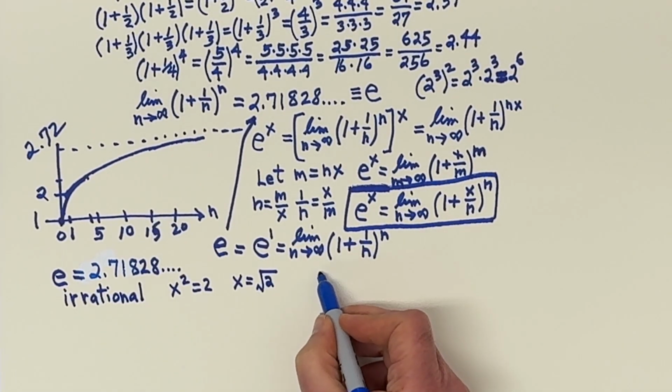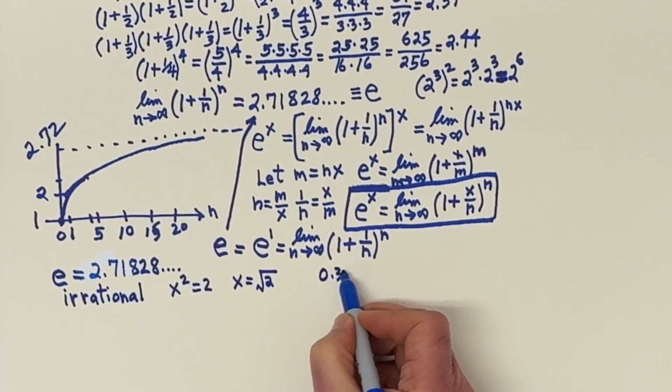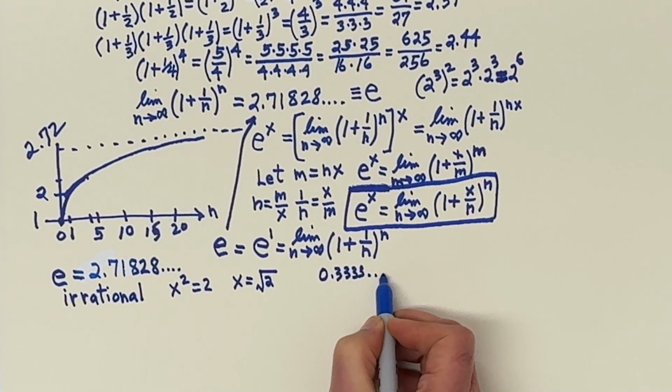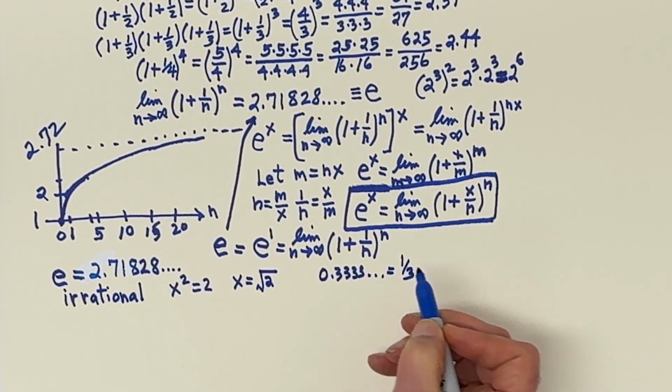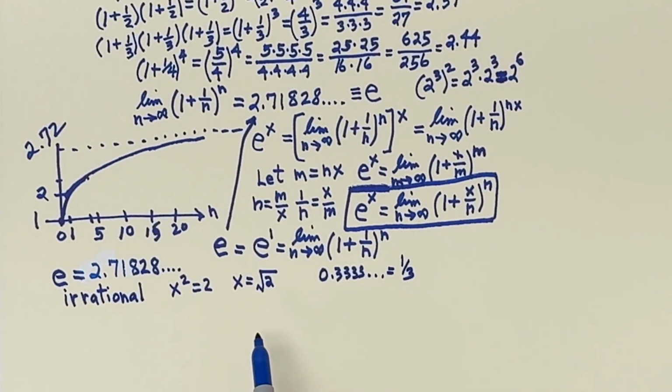See, a repeating pattern would be, for example, 0.3333, that's going to be 1/3. When you don't have a repeating pattern like this, then you have an irrational number, but it can be a solution with an integer polynomial.